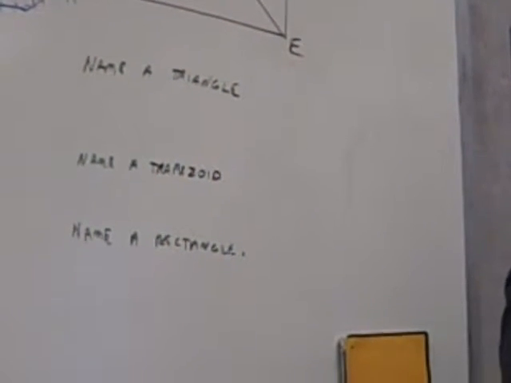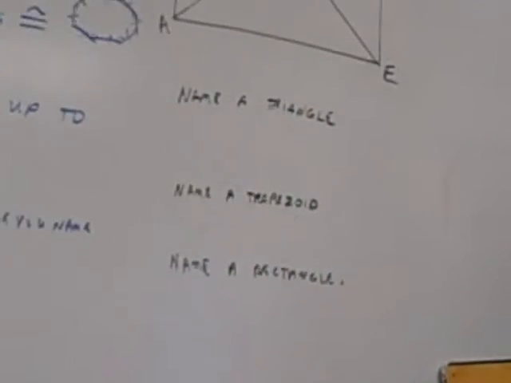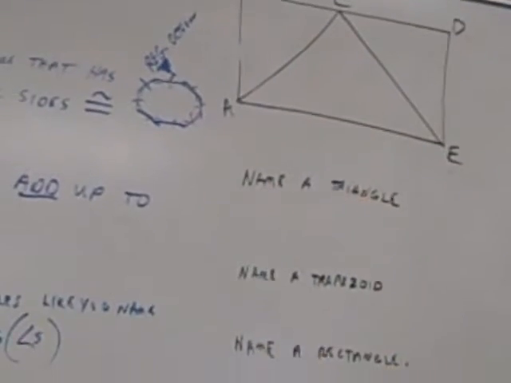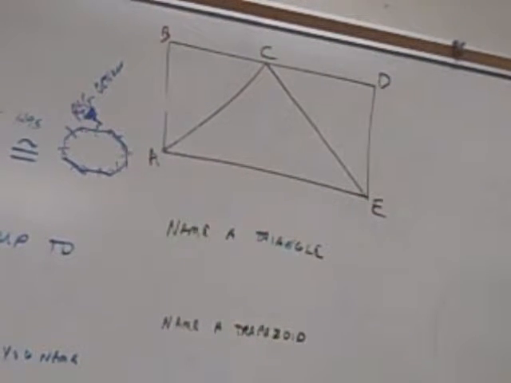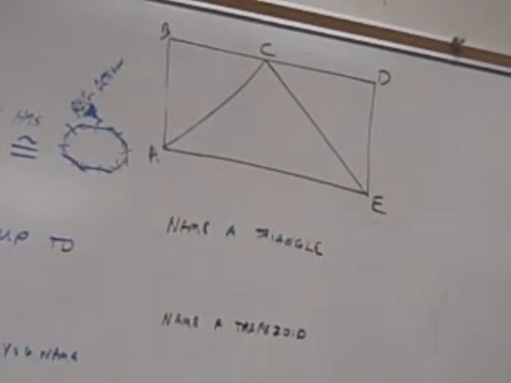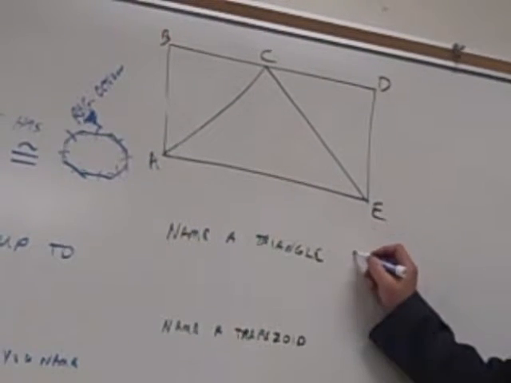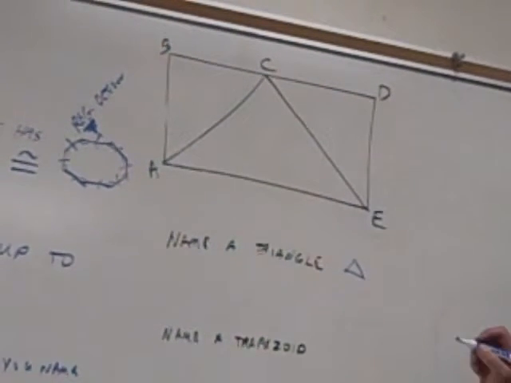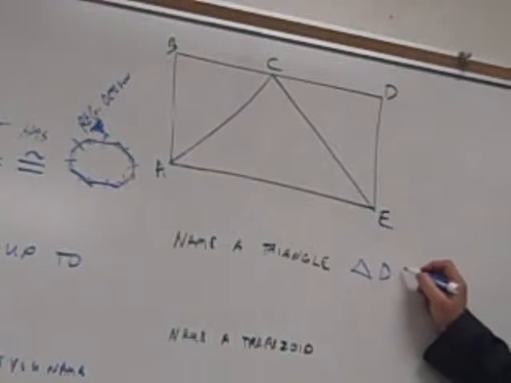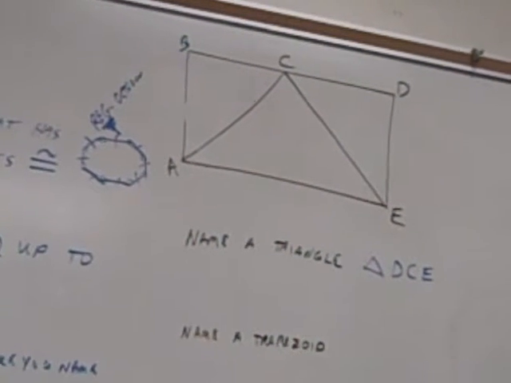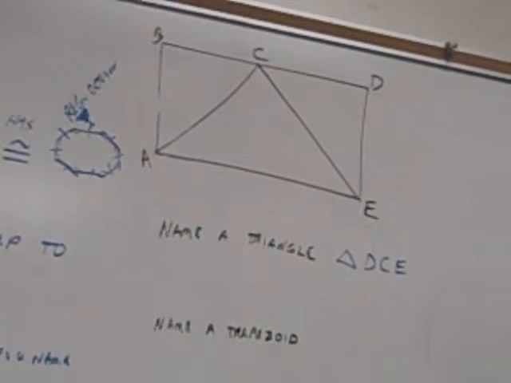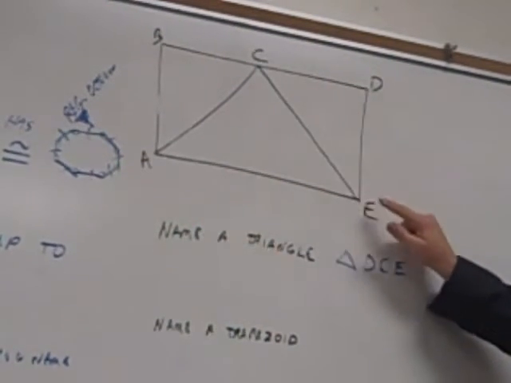Mary, pick me out a triangle and let's name it. D. C. E. Very good. I'm going to put a little triangle symbol, and she said go from D to C to E. Does everybody see the triangle she was talking about? This one.